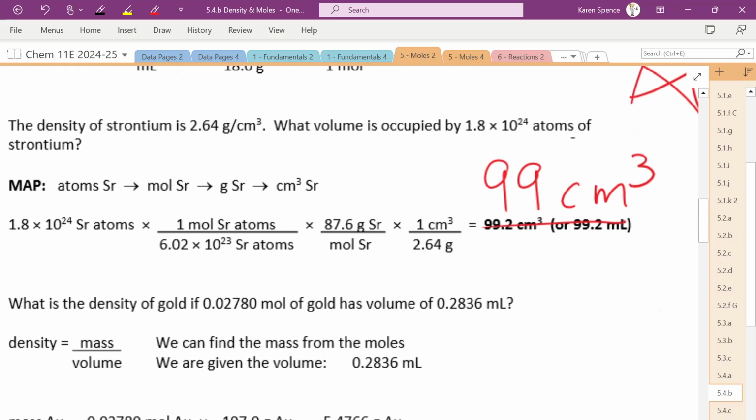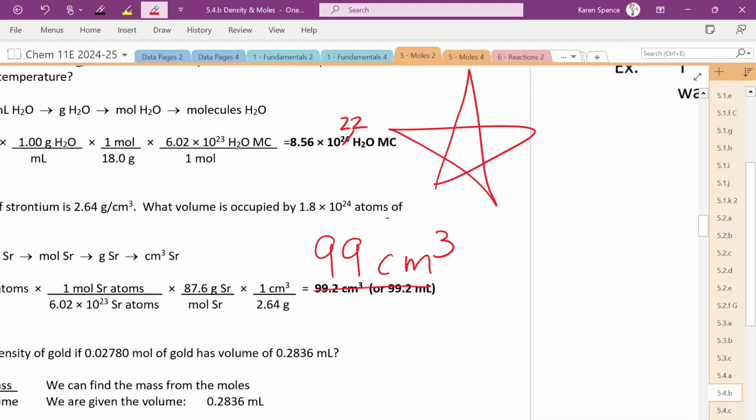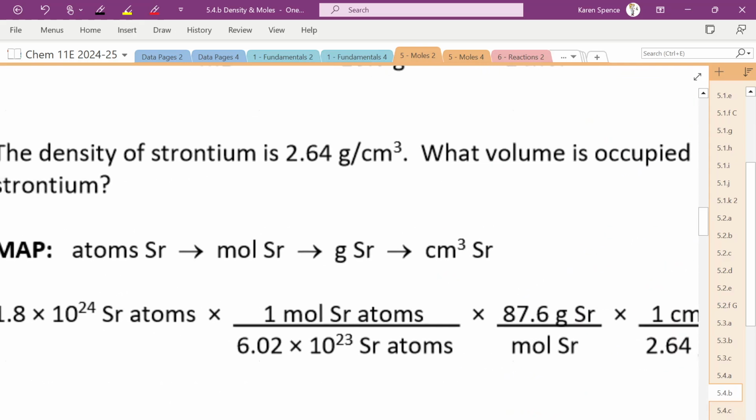The answer key is right, except that it had 3 sig figs instead of 2 sig figs. Why are there only 2 sig figs in this one?